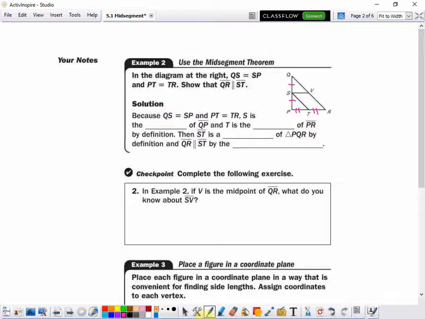Because QS is equal to SP, and PT is equal to TR, S is the midpoint of segment QP, and T is the midpoint of PR. Okay, so T right here is the midpoint of PR. Then ST is a midsegment.